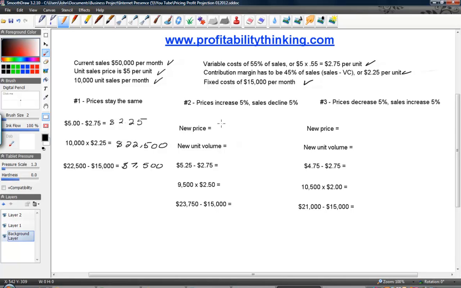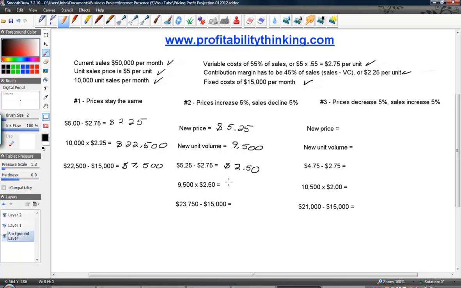Well, the new price, instead of $5, is now 5% more, so it's $5.25. Instead of 10,000 units per month, it's a 5% decline, so that's now 9,500 units per month. And $5.25 new price minus the variable costs, which are still $2.75, equals a $2.50 contribution margin per unit.